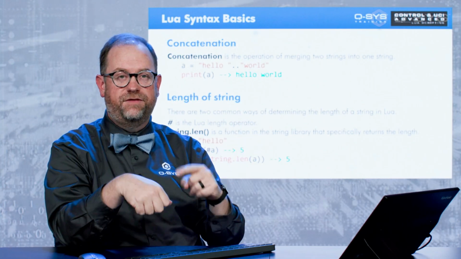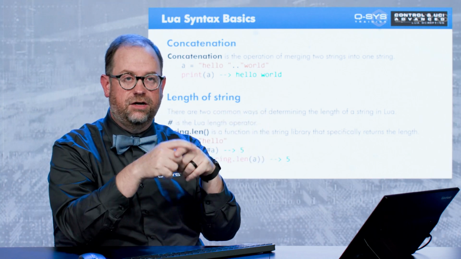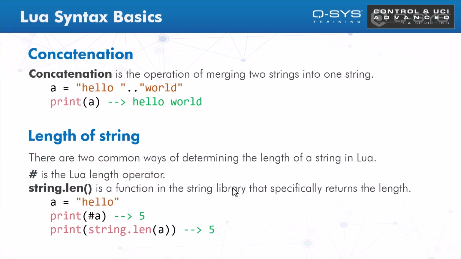For strings, if you take a string and a second string and you concatenate them together, you get a big old string. So concatenation is the operation of merging 2 strings into one single string. So here's an example. A equals the string hello world. Print A and you get the one big old string of hello world.